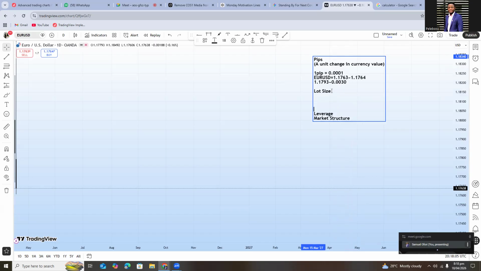Okay, lot size. So the lot size is the total quantity of the transaction that a trader takes at a time. The total quantity of the transaction that the trader takes at a time.